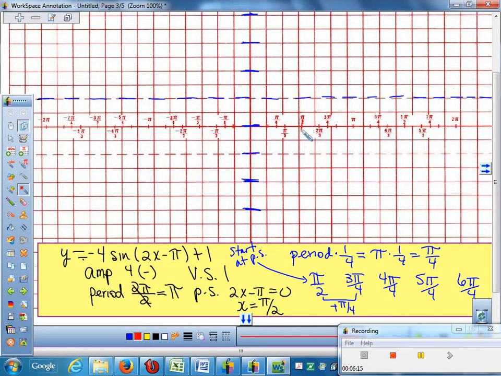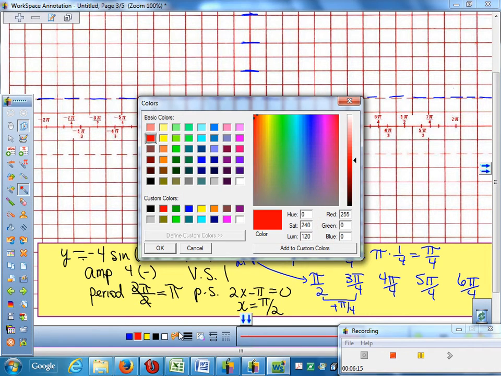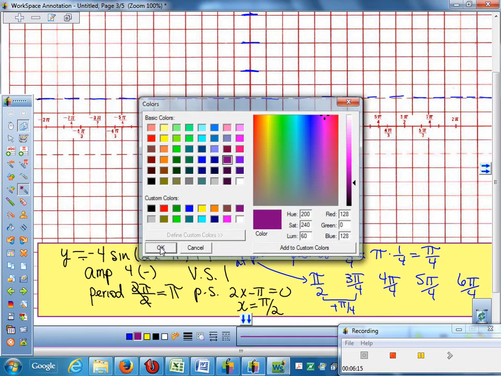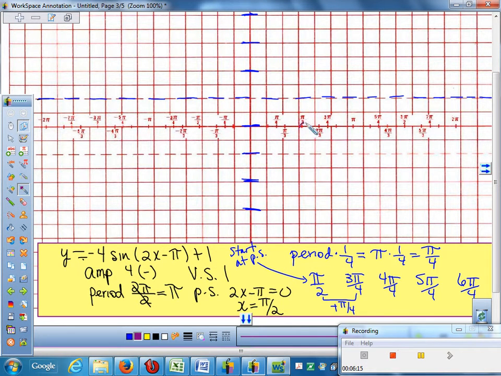So if I find pi over 2, there's the first point. That color's not going to work real great. Let's try a different one. Something dark. Okay, so here's pi over 2. Then I had 3/4. 4/4 is really just pi. 5/4, 6/4 reduces to 3/2.